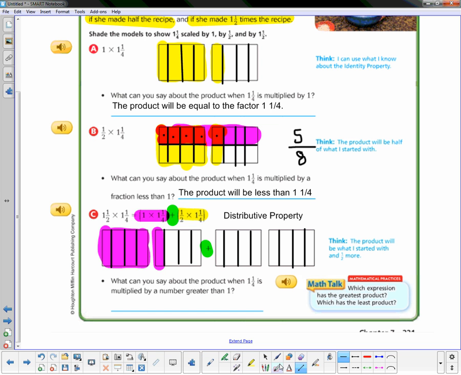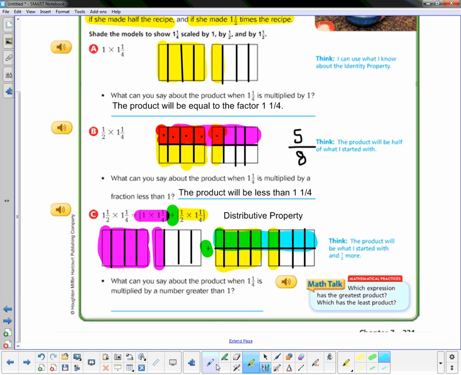So I've got my yellow. And I'm going to do 1 1/4. And like right when we times it by 1/2 up here, we just drew a line down the middle. And we had to color in half of that. Let's use blue. And anything that overlaps, that is our answer here.